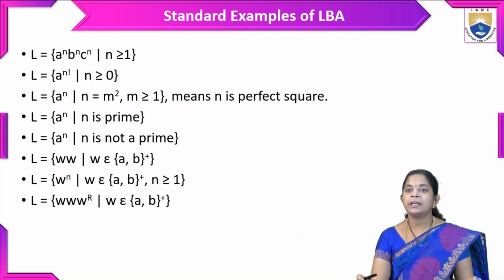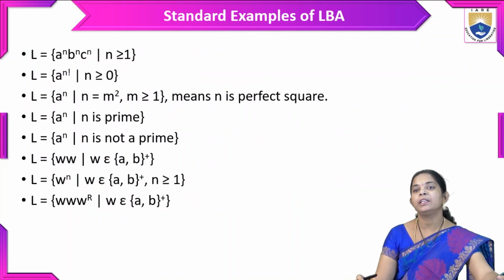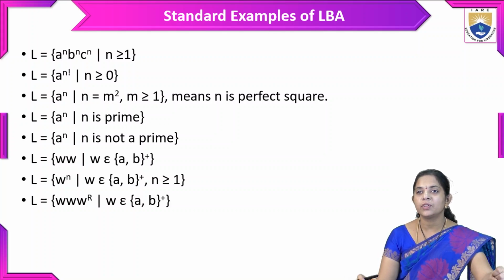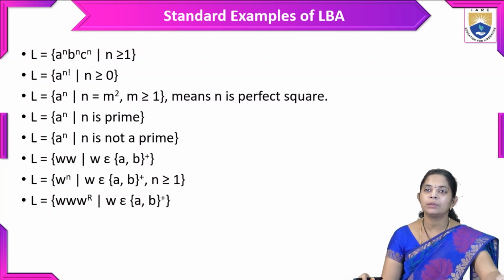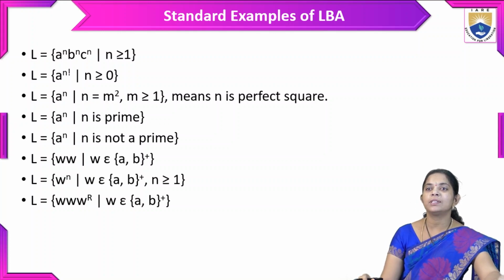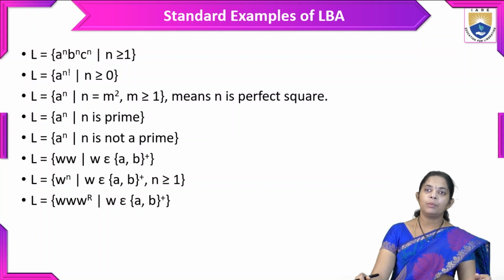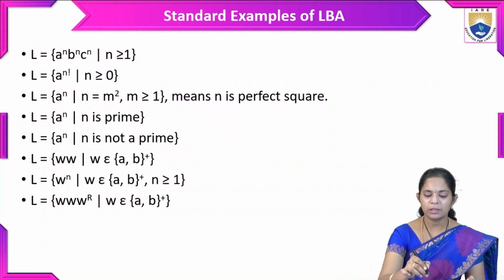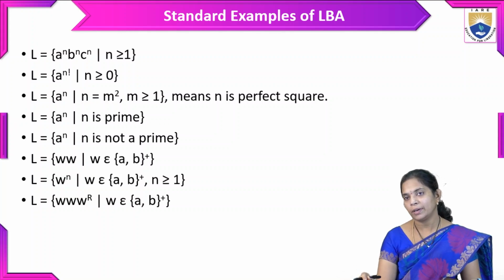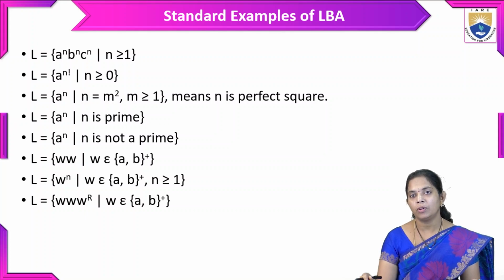And what are the standard examples of linear bound automata? Here, these are the examples. Generally, we can construct linear bound automata for this kind of languages, and for this kind of languages we can't construct a finite automata or a pushdown automata, so we only construct the linear bound automata.